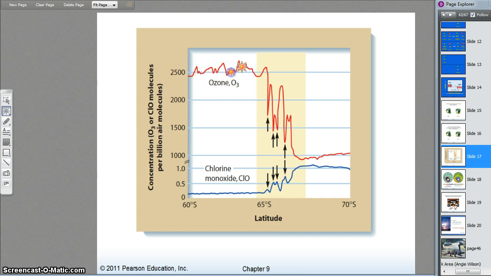So you can see this is our concentration of ozone, and this is our concentration of chlorine monoxide. And as the concentration of chlorine monoxide goes up, the concentration of ozone goes down. Where there's low chlorine monoxide, there's high ozone. Where there's high chlorine monoxide, there's low ozone. And we need that ozone layer.